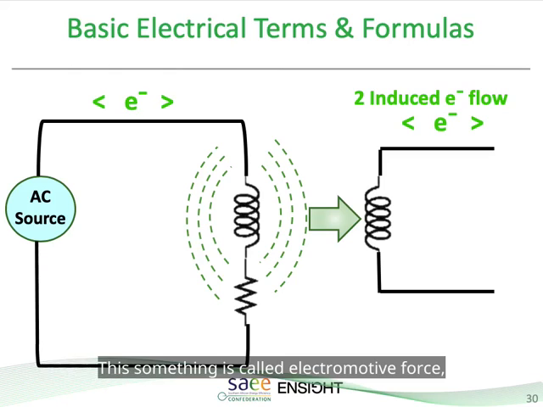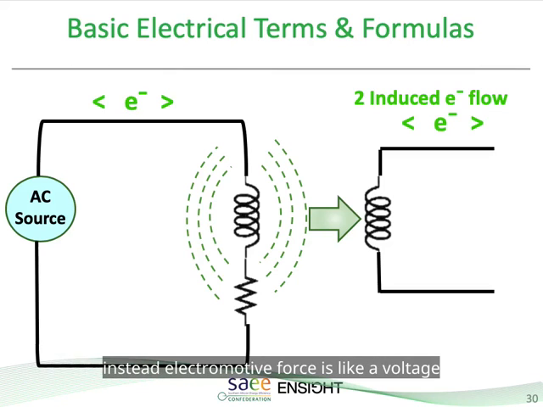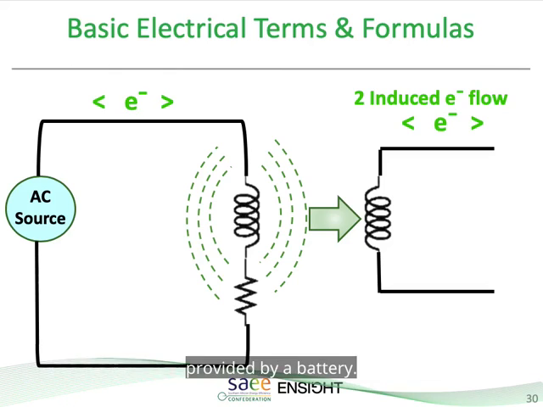This something is called electromotive force. Even though it is not a force, electromotive force is like a voltage provided by a battery. A changing magnetic field through a coil of wire therefore must induce an electromotive force in the coil, which in turn causes current to flow.